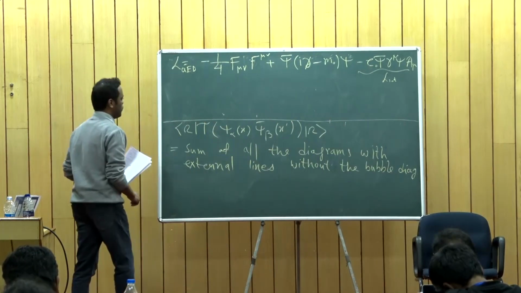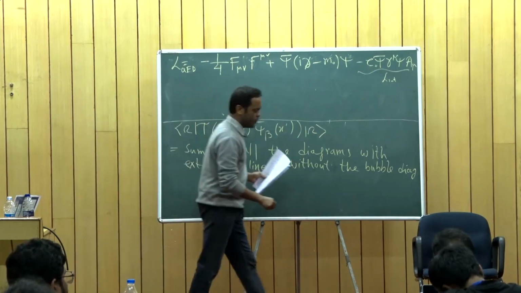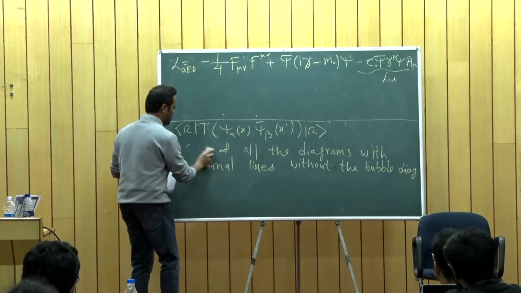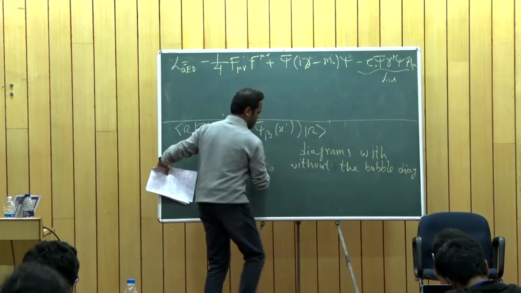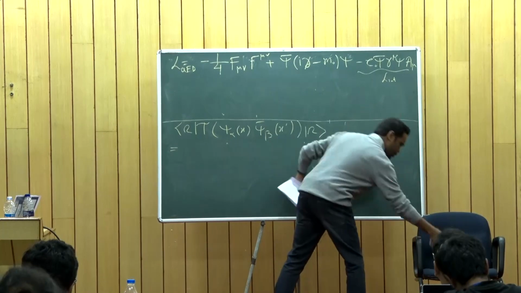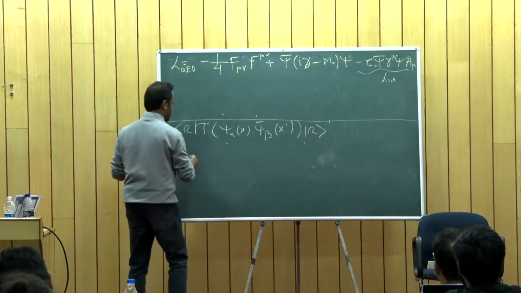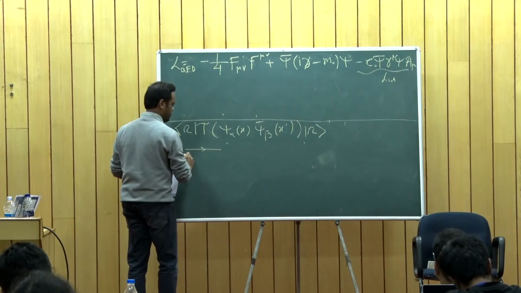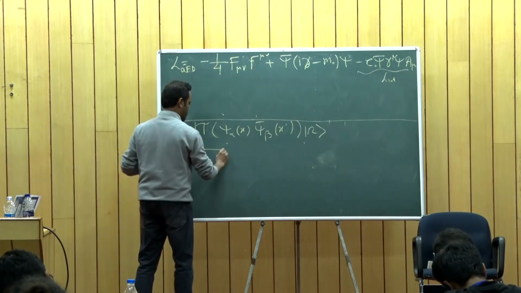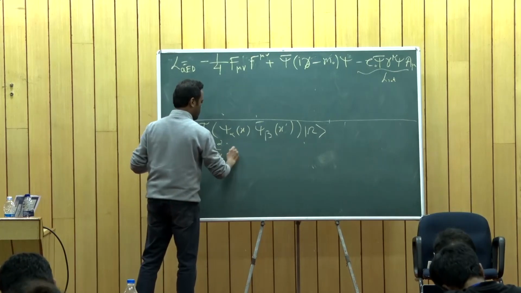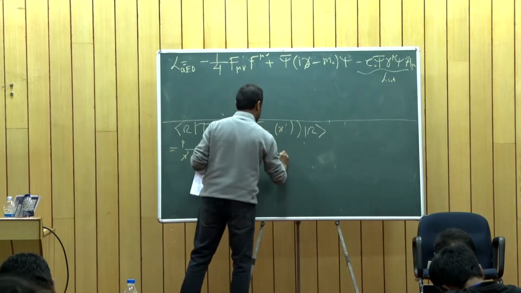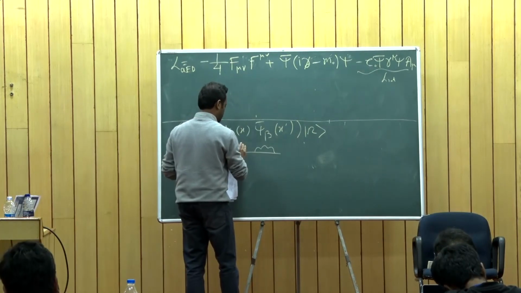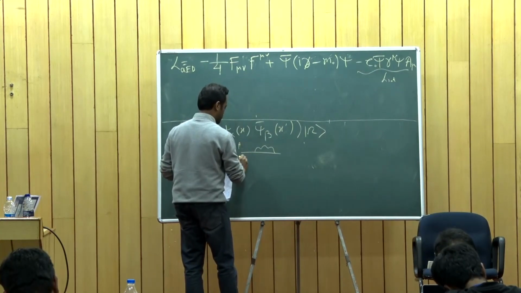If you draw the diagrams in the context of QED, this will be given by all these diagrams. Let's say this is x, beta, alpha, and so on. At higher order, you will get all these other diagrams.